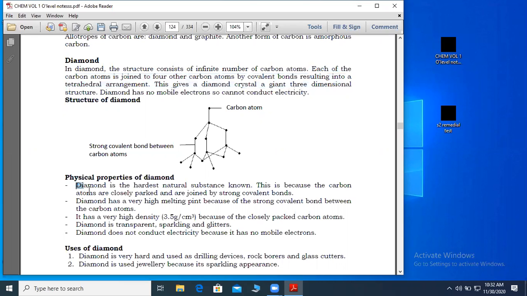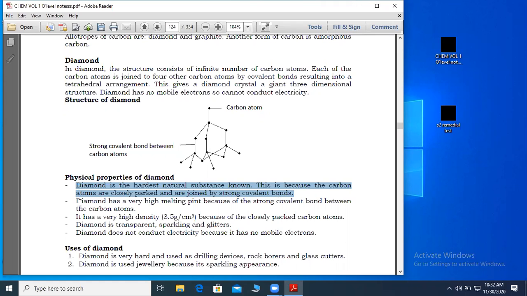The answer is here. Diamond is the hardest natural substance known. The reason is the carbon atoms are closely packed and are joined by strong covalent bonds.